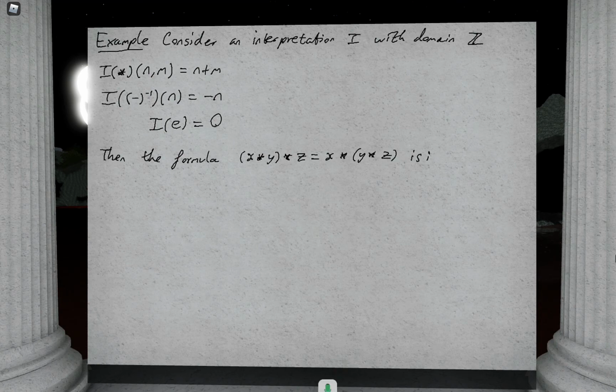Keep in mind that that entire thing is one formula. It's the equality formula constructor applied to the two formulas x times y times z with brackets around the x and the y, and x times brackets around the y and the z.